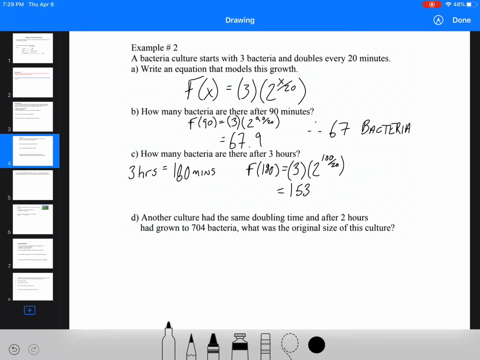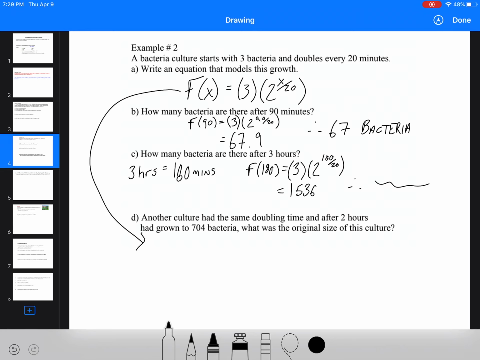So 2 to the 9 gives us 512, times 3 gives us 1,536 exactly. And therefore 1,536.